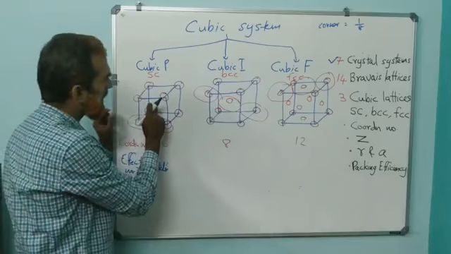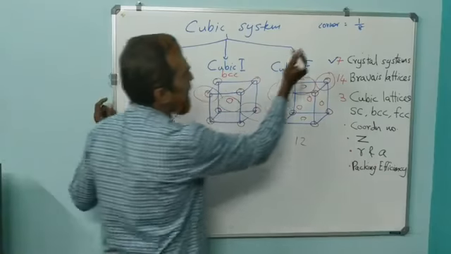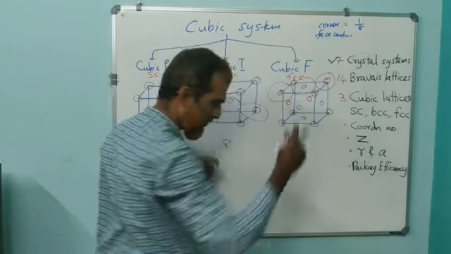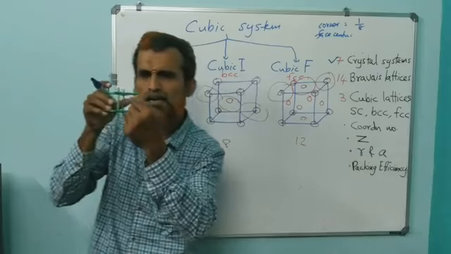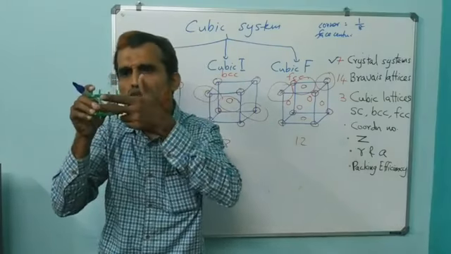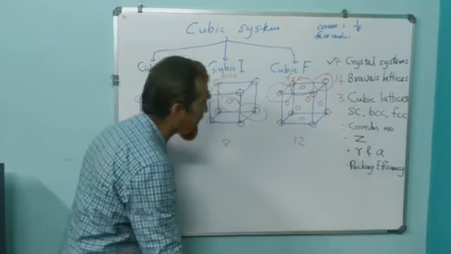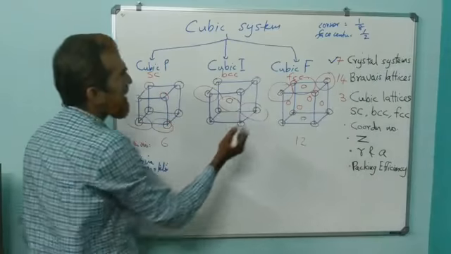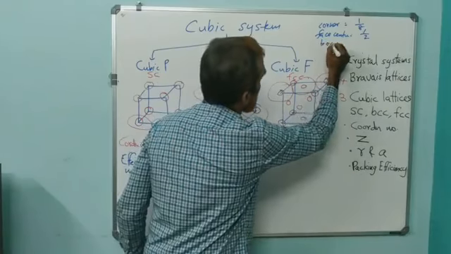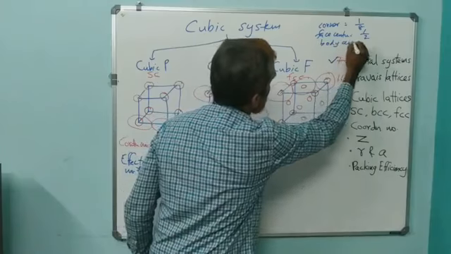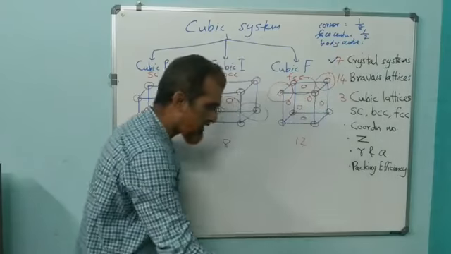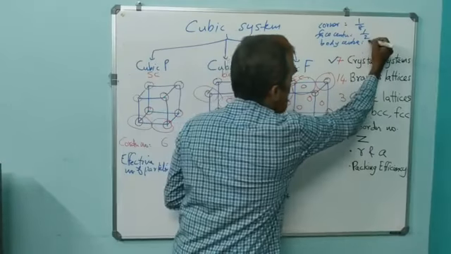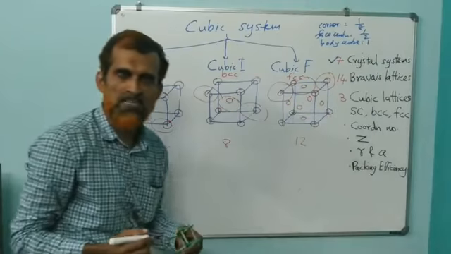If there is a particle at the face center, it is shared by this cube and one other. So the contribution from the face center is 1 by 2. The contribution from the body center: the body center is well inside the unit cell, it is not shared, so you get full credit, one particle fully.